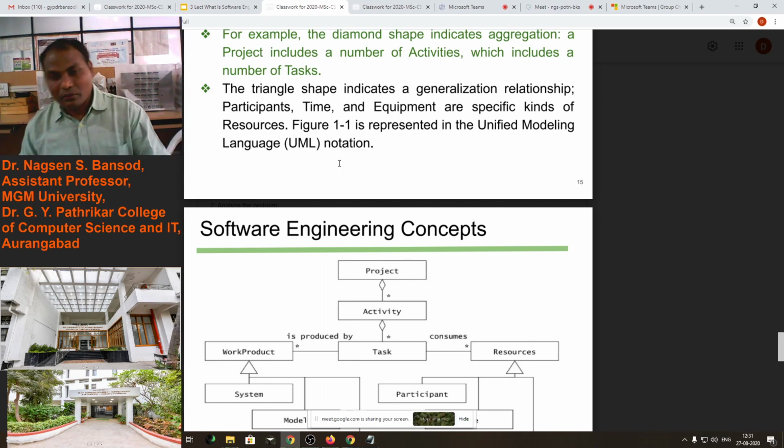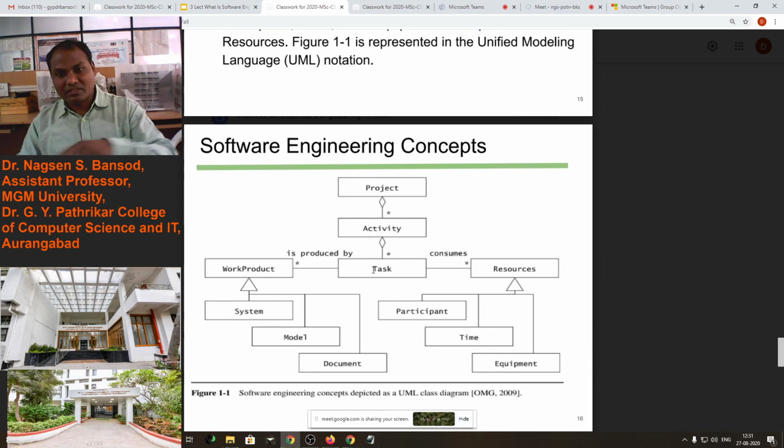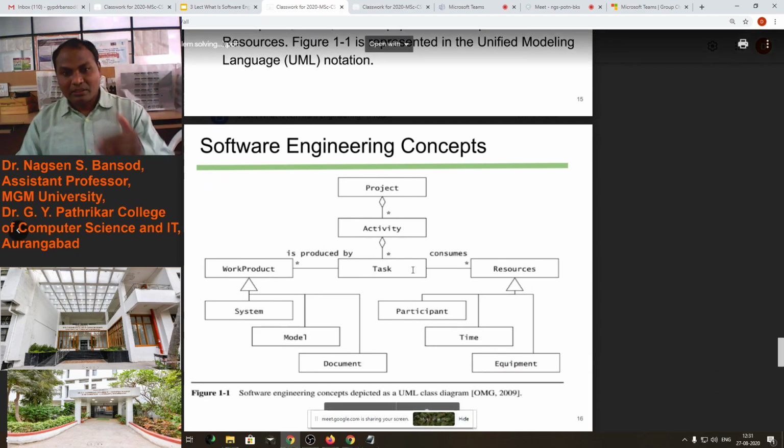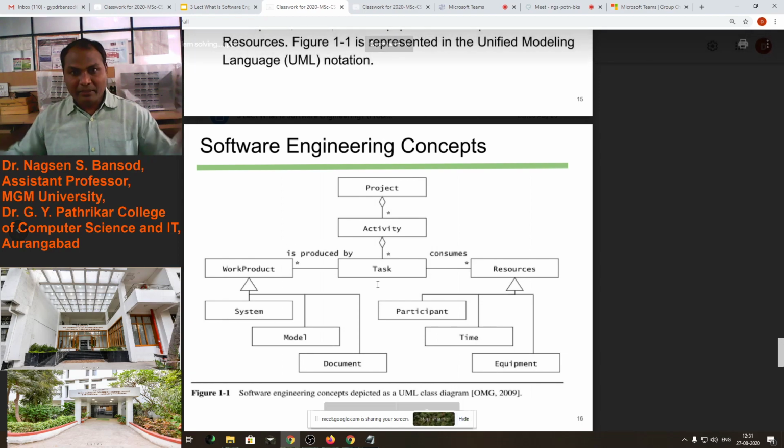Suppose you went for requirement elicitation, requirement collection, to a client, and he tells you particular things. Then you draw a rectangle for each separate concept, and write in it, like project first, then activity, and which type of activity will happen, you write below that inside the rectangle.